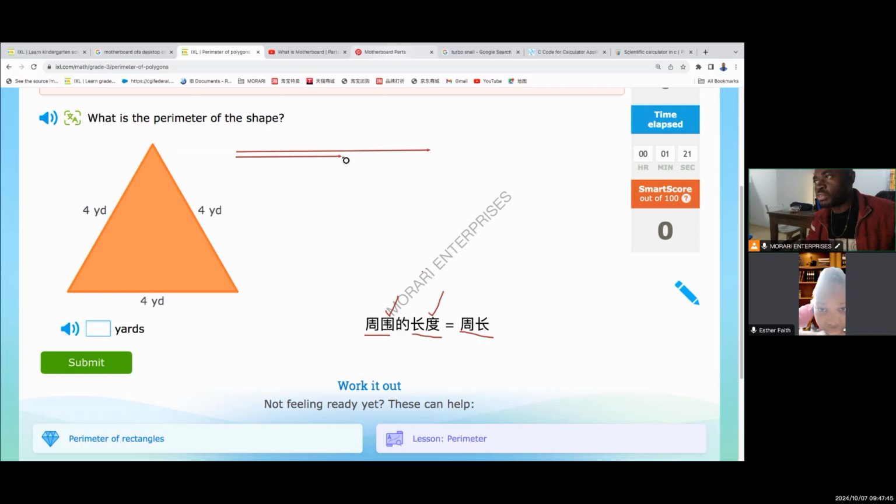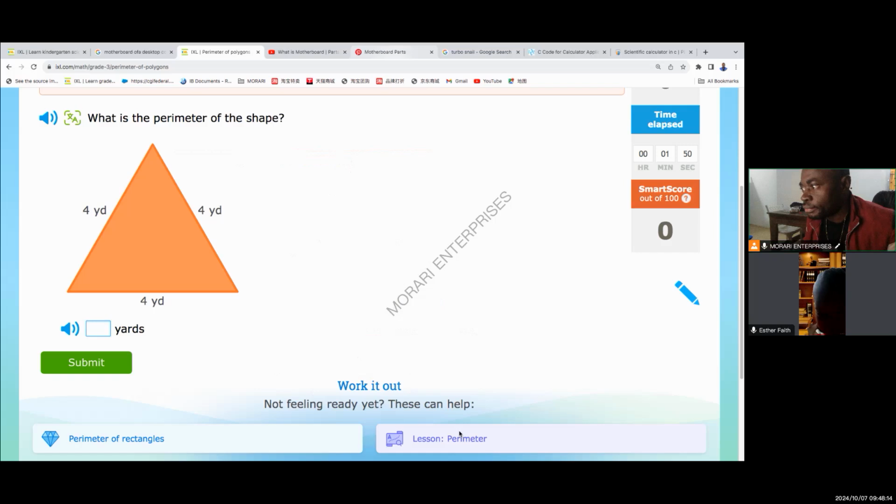You can use the ruler to measure your arm to see where 6 of those rulers will be. You measure first one, second, third, fourth, fifth, sixth. You see where 6 of those rulers will touch. So that is a yard. It's good to know what a yard is.